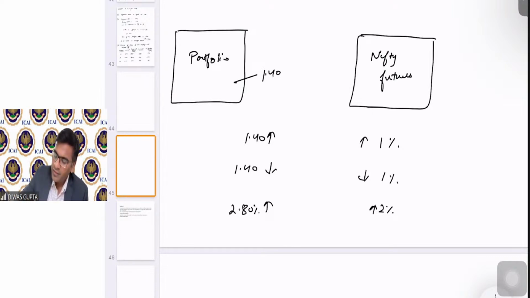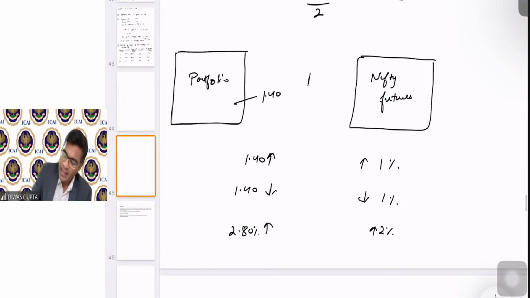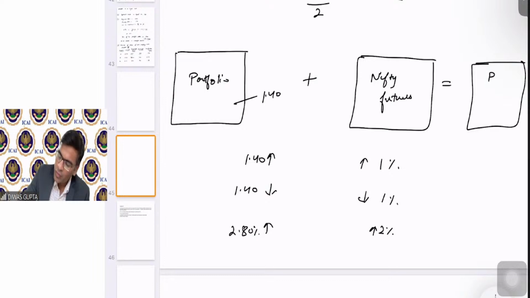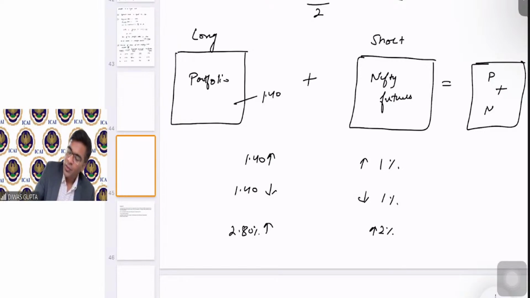However, while you see this as collective operations, which is portfolio plus Nifty, because as a company, I am having a long position here and I am having a short position here. So this is my collective portfolio, I can say, right?